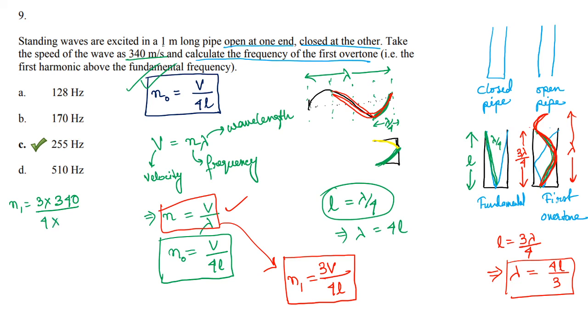L here is the length of the pipe, that is 1 meter. So this is equal to 3 into 340 by 4. If you do the calculation, then it is equal to 255 Hz.